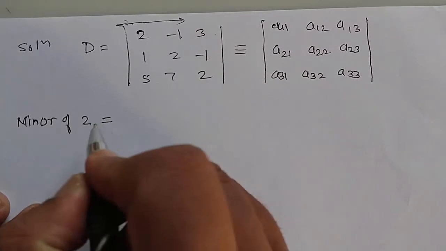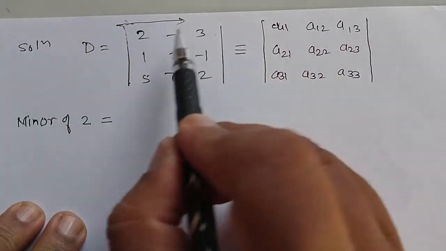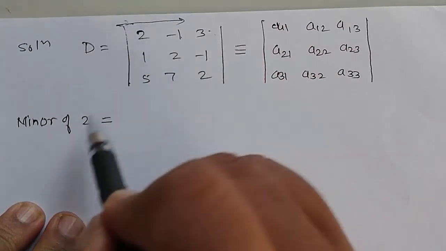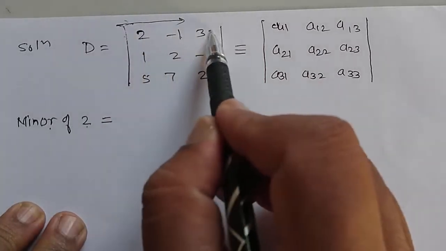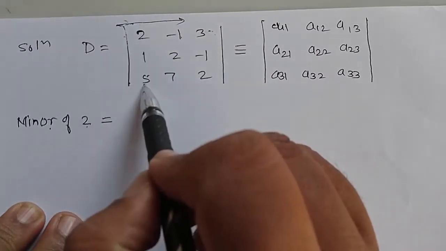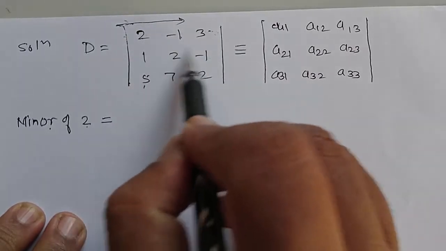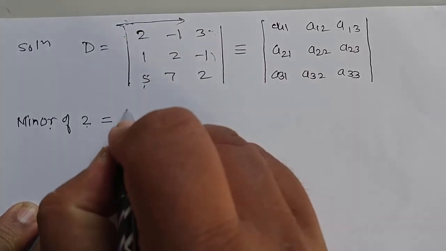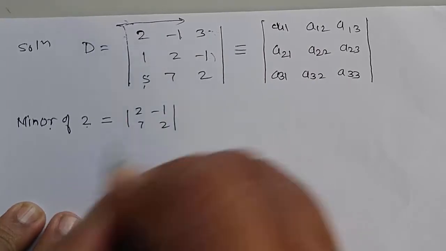By deleting the row and column in which the element 2 belongs, that is first row and first column, we get a determinant of order 2: 2 minus 1, 7 2.